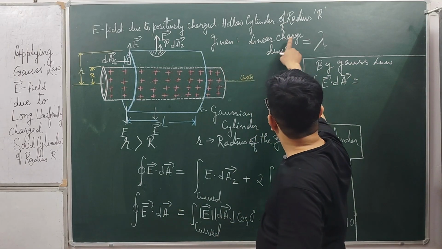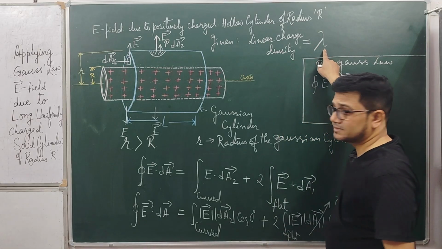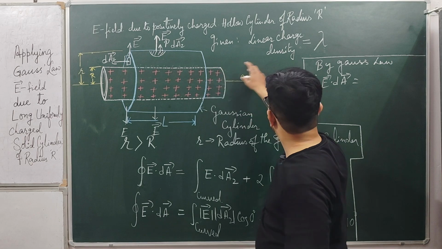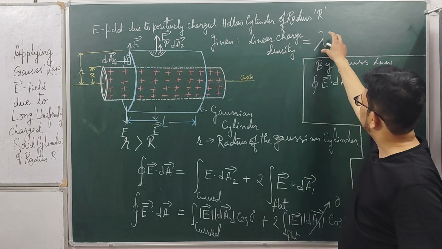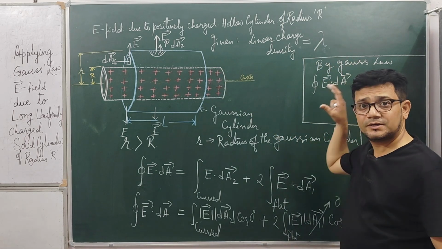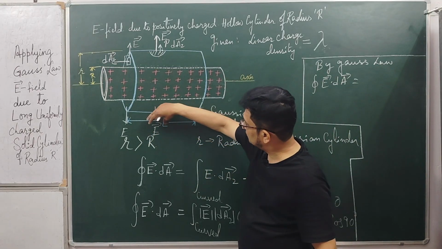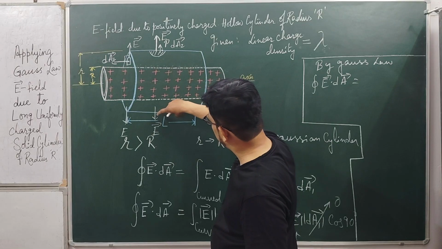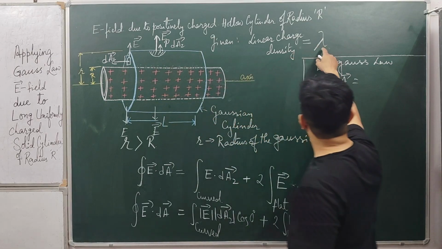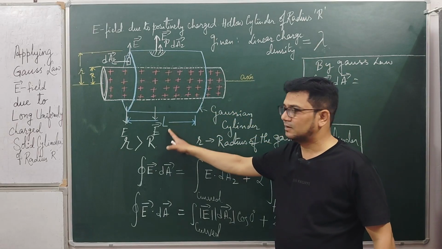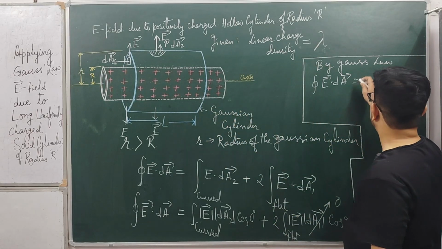Now we have this linear charge density as lambda, and we want to find the net charge enclosed. Lambda is the charge enclosed per unit length, and the length we have taken is L. So if you multiply lambda with L, you will get the net charge enclosed.